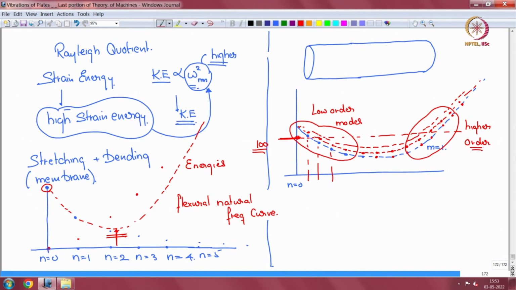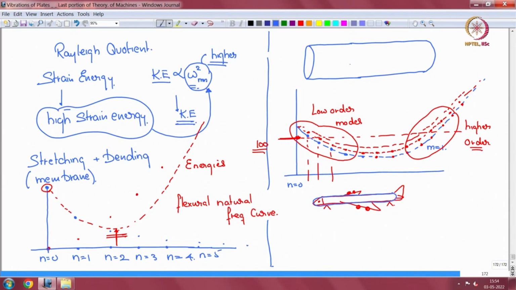Okay. Now if we consider an aircraft shell, the body fuselage, then this body we can consider approximately as a cylindrical shell with a long aspect ratio.